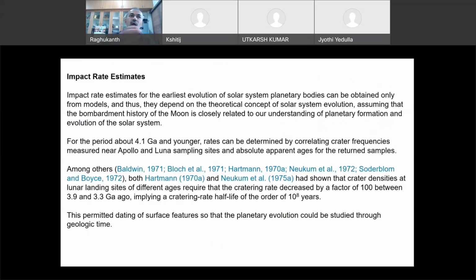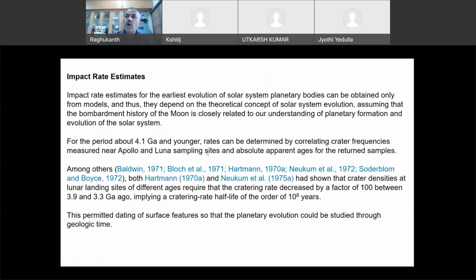Another thing is impact rate estimates. What is the impact rate itself? For solar system planetary bodies this can be obtained by models and theoretical concepts. For about 4 billion years, you can use the crater frequencies and estimate all those things.